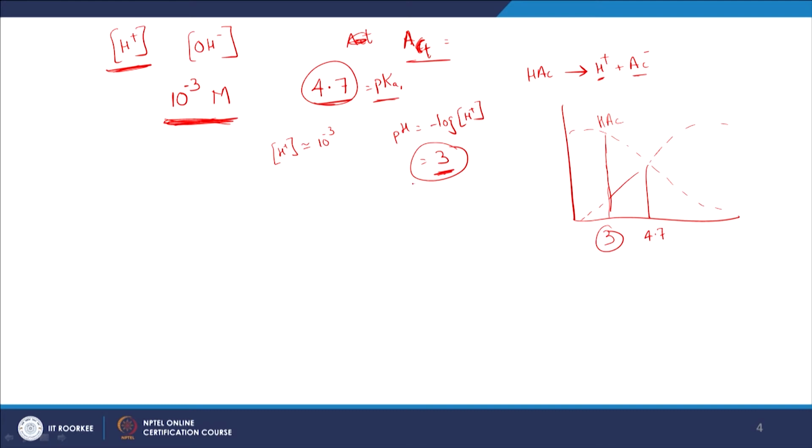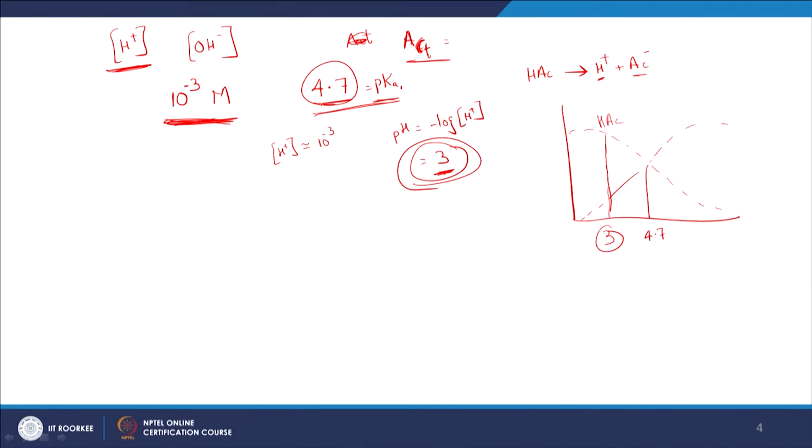But our assumption when getting the pH 3 value, what was that? We were assuming that all the acetic acid dissociated into H plus and Ac minus, and then we calculated the pH accordingly, right. But that is not the case here, because the pKa is 4.7. So, certainly the pH will not be as low.